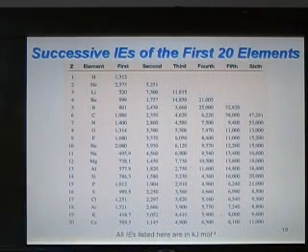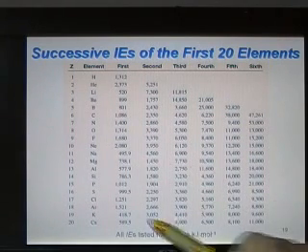So anytime you see a tremendous increase in ionization energy between one electron and its second electron, or another electron, that means you are penetrating and removing an electron from the noble gas core.